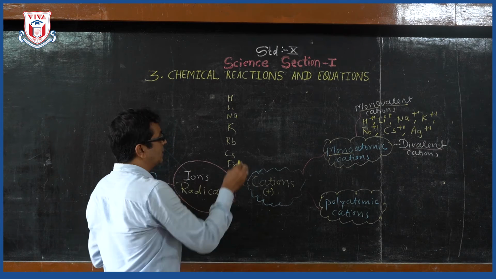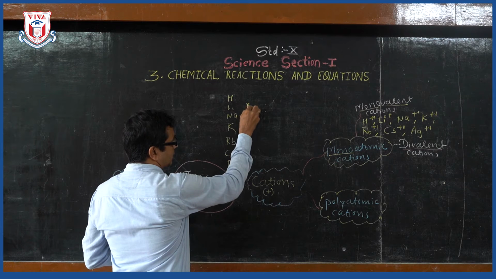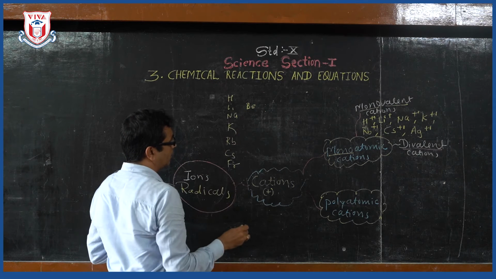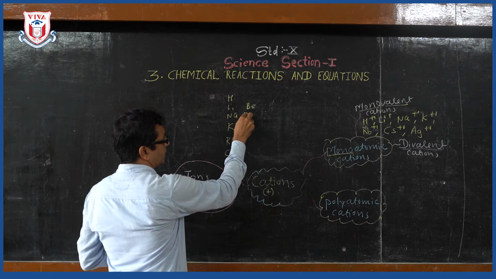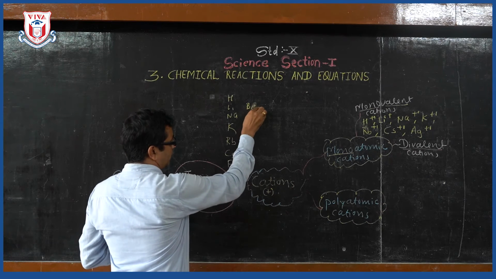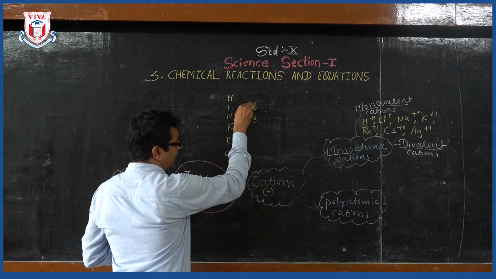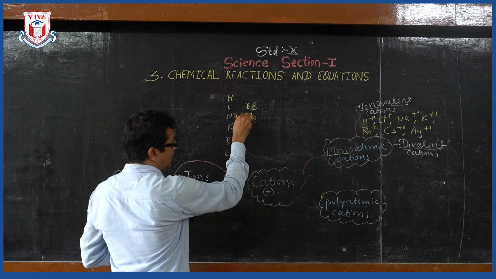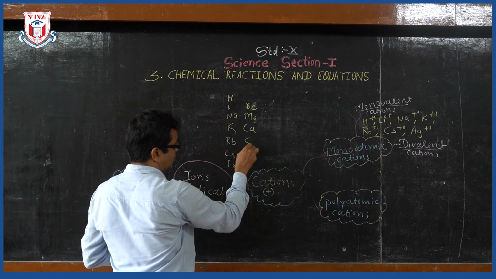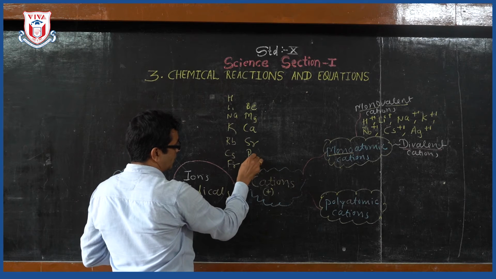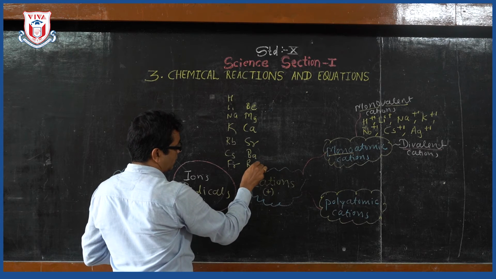Group 2 elements, first element is beryllium, then magnesium, calcium, strontium, barium, radium.